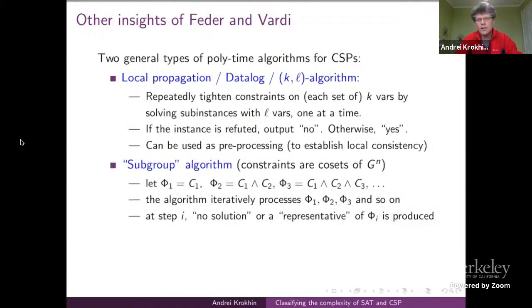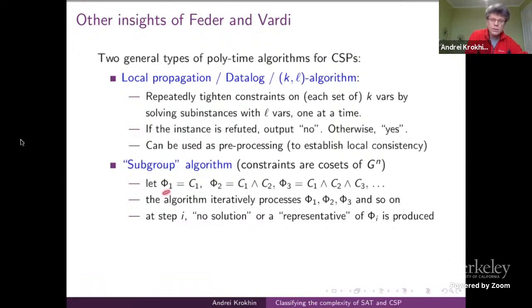The second type of algorithm was what they called subgroup algorithms. They thought that constraints would be, in this case, the cosets of the nth direct power of some group, subgroup G. And roughly, the algorithm goes like this. You take the constraints in your instance into consideration one by one. So you add them one by one.